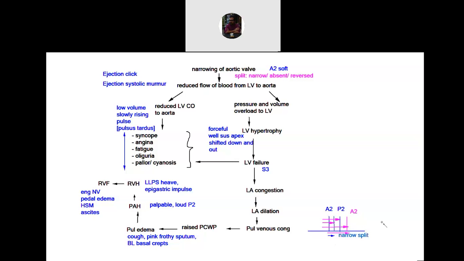Subvalvular and supravalvular are either disorders of the muscle or disorders of the blood vessel, but they clinically produce the same effect, that is, narrowing of the outflow of the left ventricle. So this is the rationale of classifying aortic stenosis anatomically into valvular, subvalvular, and supravalvular.